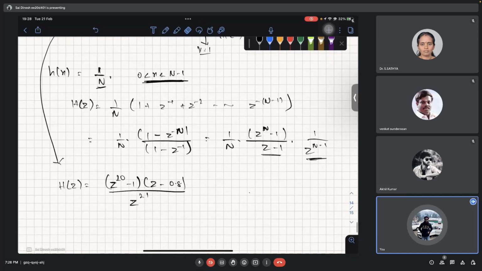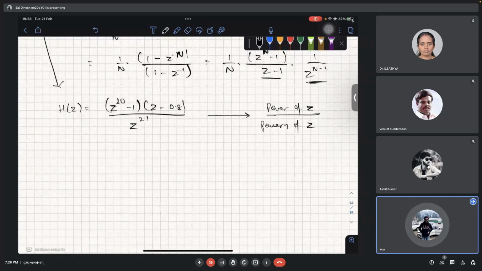If you divide by z power minus 21, you have this in the powers of z, so divide by the highest factor of z, so that entirely this will be in the powers of z inverse.